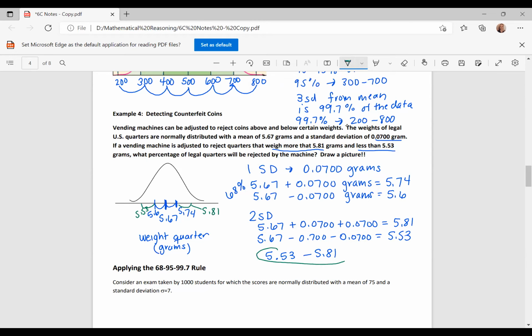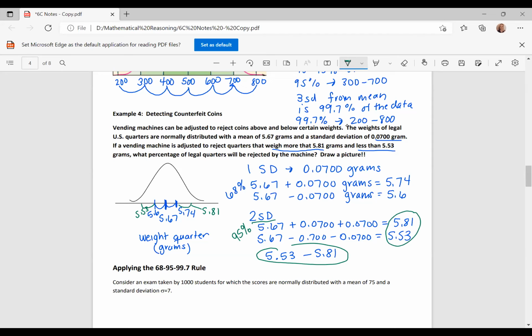Those look very familiar. Remember, two standard deviations give us 95% of our data. So these numbers look very familiar to what we're looking for. That means that 95% of our data falls in between here.